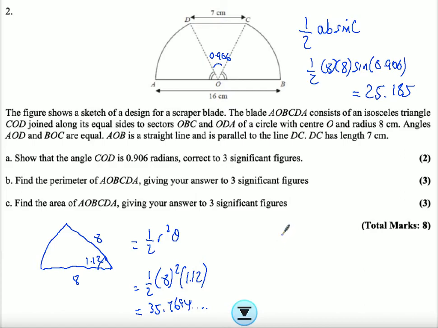So my total area is going to be 2 lots of 35.8, add 25.2, so that is 96.7 centimeters squared to 3SF.